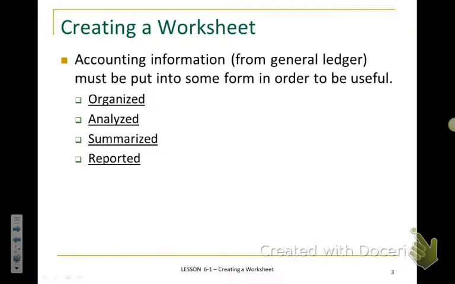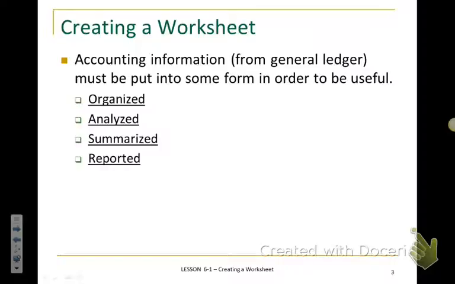Okay, so first of all, accounting information has to be, as we've learned all year long, organized. You can use it to help you analyze your business. You can use it to summarize financial information and then prepare our financial statement reports.